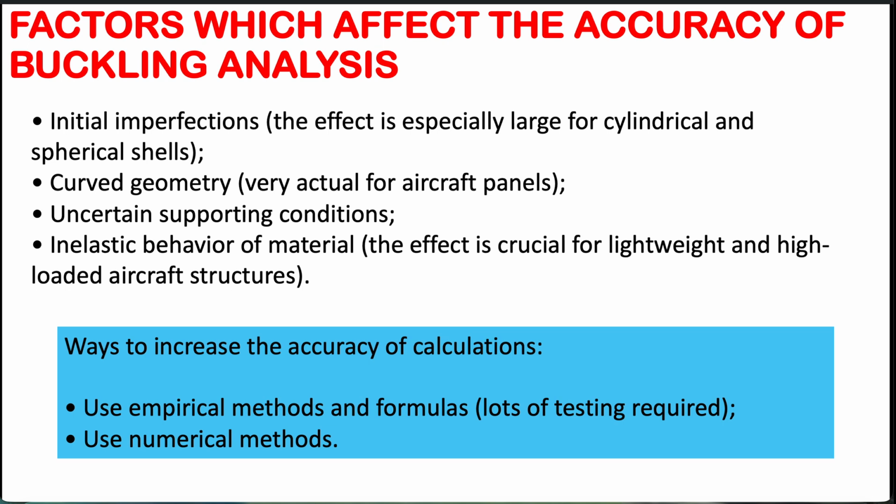We are going to use numerical methods later on in the semester for computational fluid dynamics, but for now we want to stick to experimental methods. So the question would be, what type of experimental methods will give us the best understanding of the buckling of plates and the critical load of buckling? That's the question we want to answer.